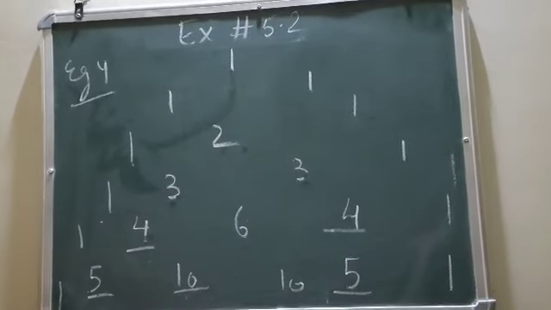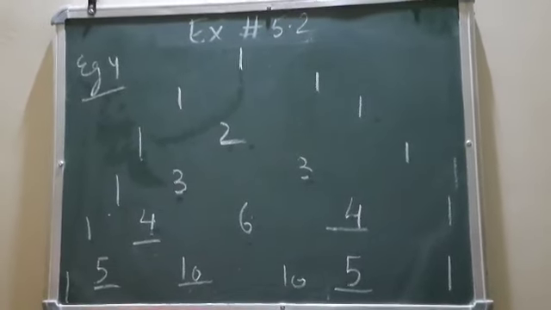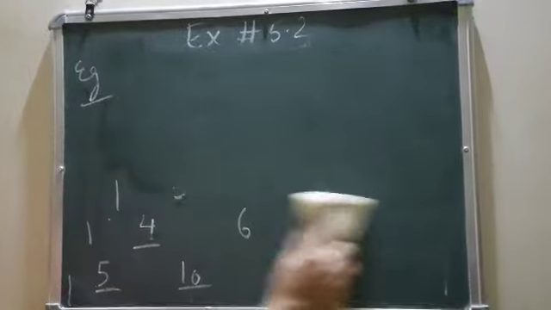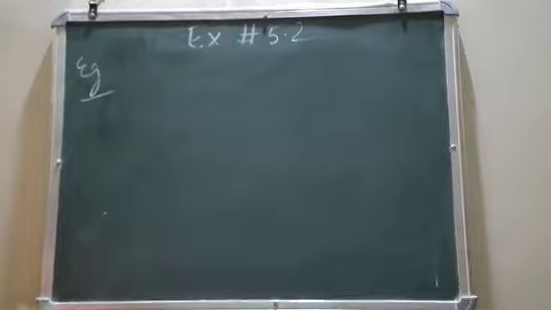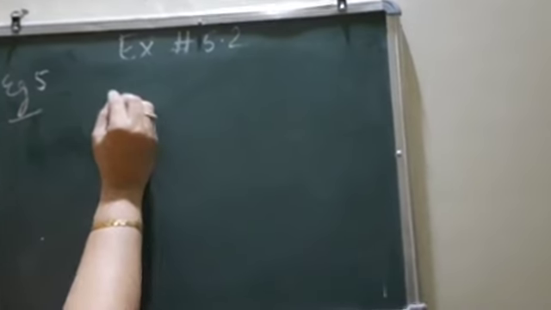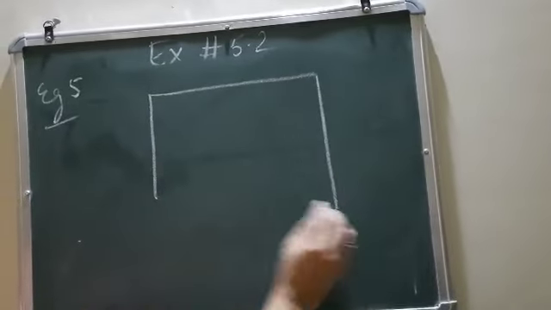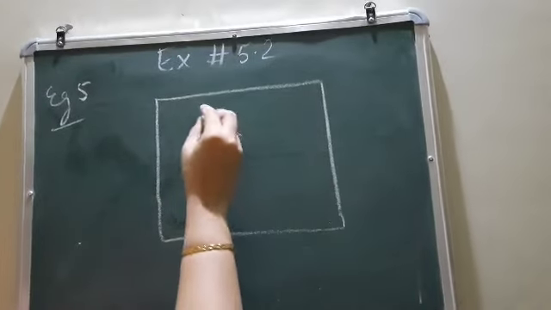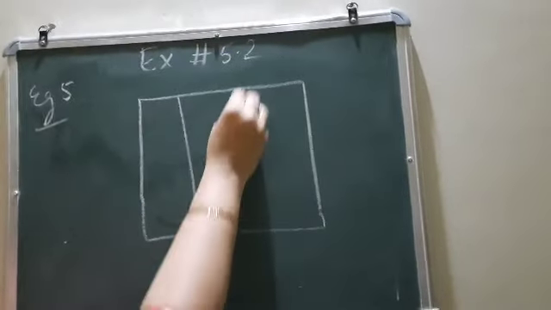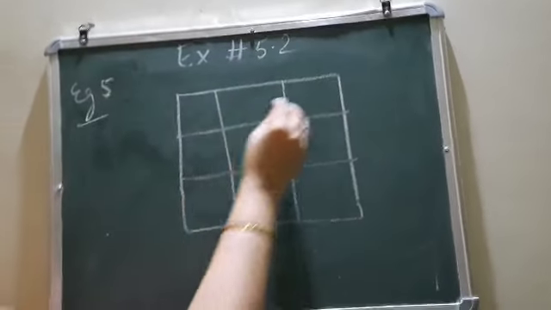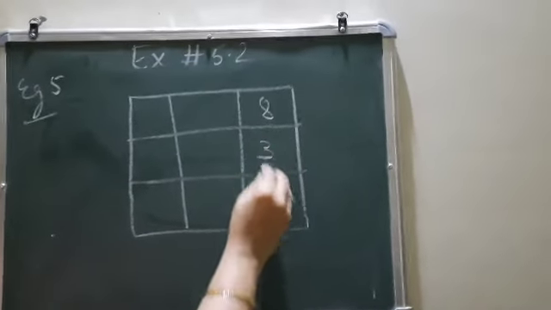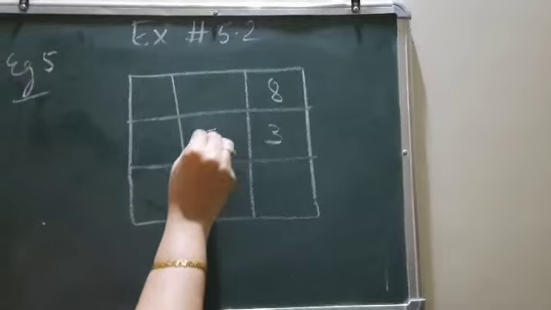Now similarly, example number 5, it's the magic square. You have done it earlier also in your holidays homework sometimes, magic squares. What is there? Magic square, rows and columns are same. There are 3 rows and 3 columns. Right? 8, 3, and this is blank, this is 5 given.